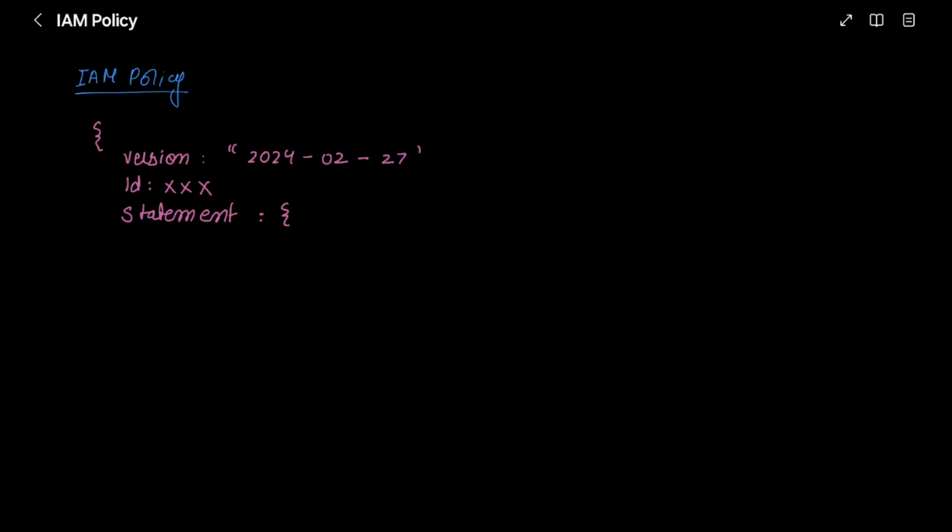So it has a whole lot of details here. We would have a statement ID over here, again something randomly generated for your policy. Then we'll have effect, and it would take values like allow or deny. Obviously, if you need to allow access to a particular service, you will be dictating it within this space over here.